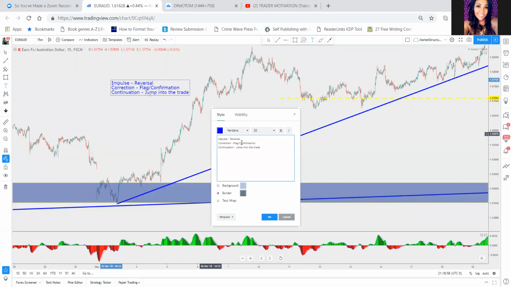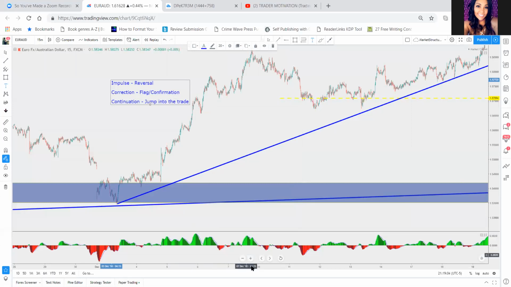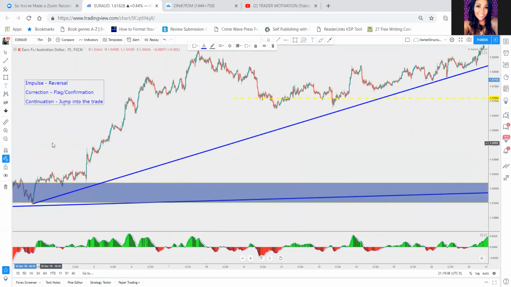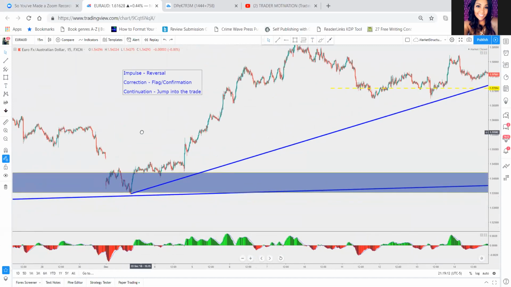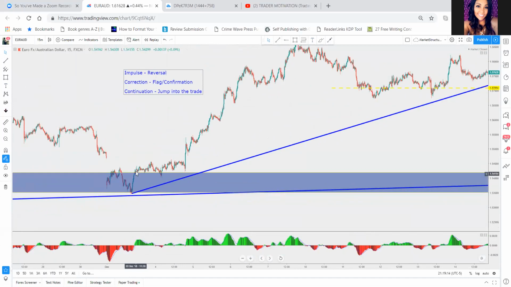Okay, let's space these out a little bit, and we're going to mark these out. So you had an impulse, which is a big move in the market.